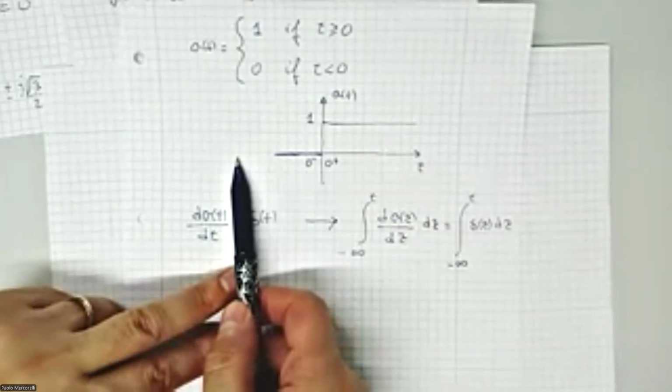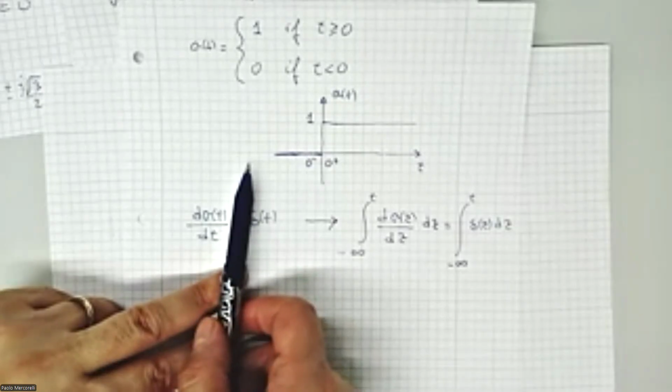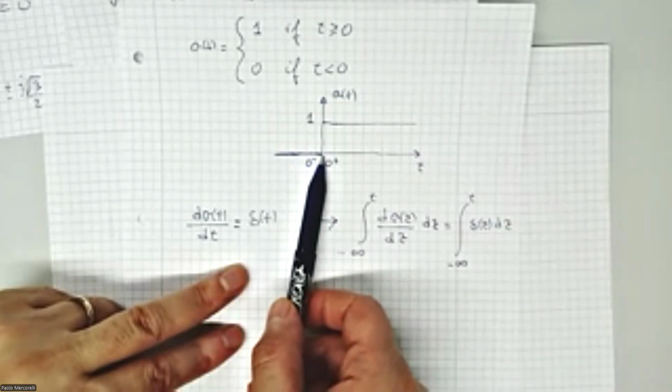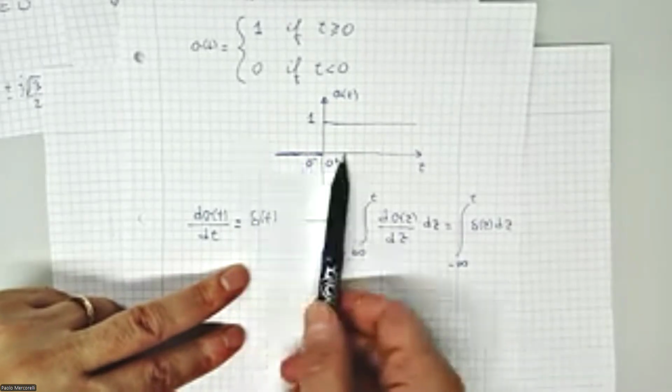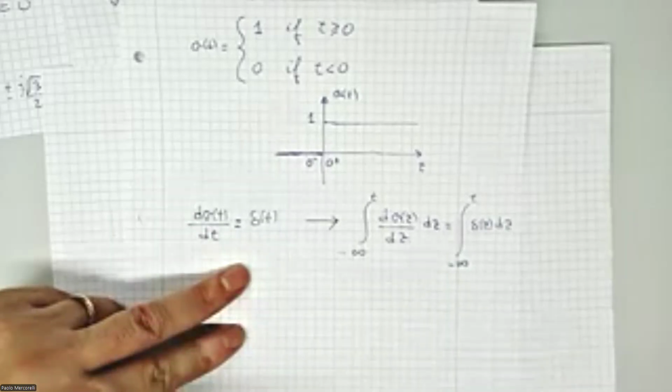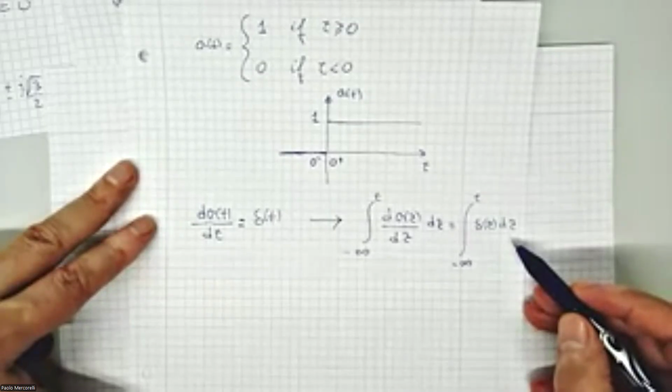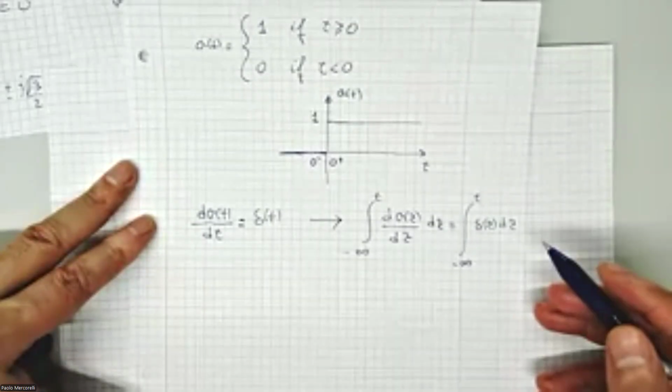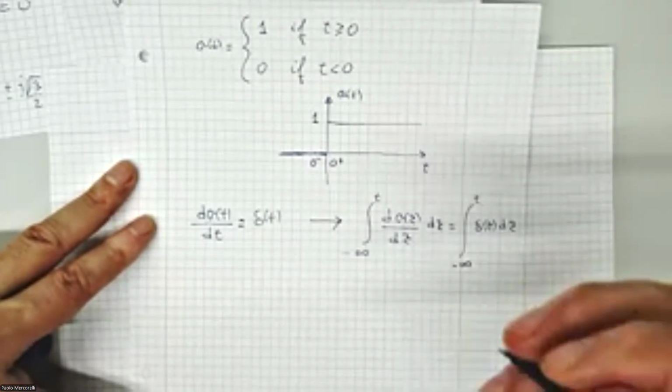Because until 0 minus, this is the integral, 0. We can see exactly this.